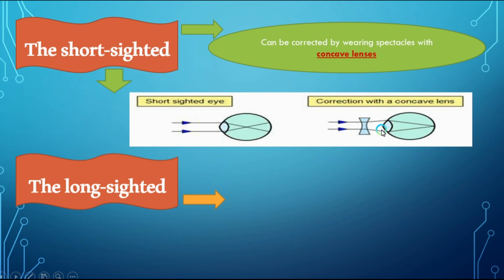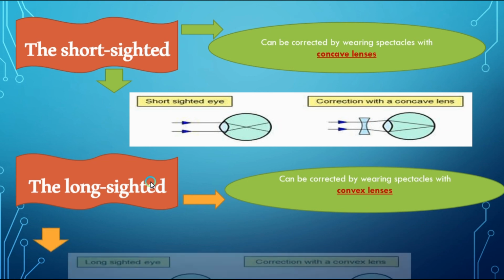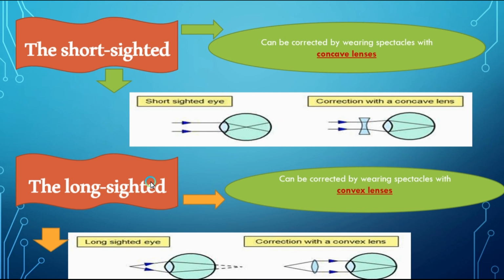The long-sighted person can be corrected by wearing a spectacle with convex lenses. Convex lenses will correct his vision. He can see clearly the near objects and also the distant objects. Okay, my students, is it clear?